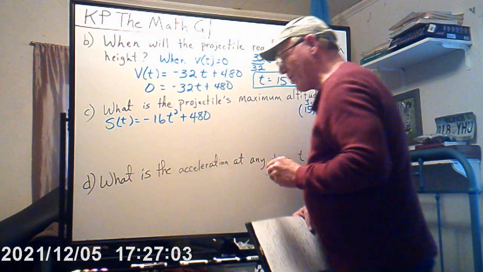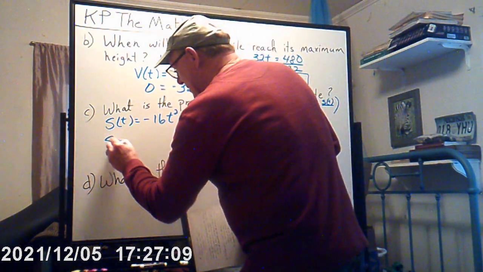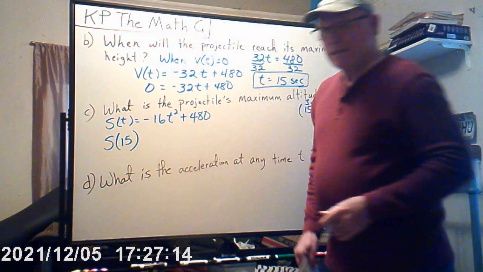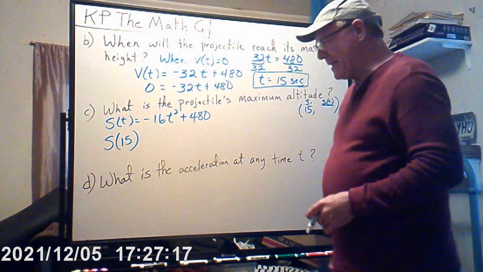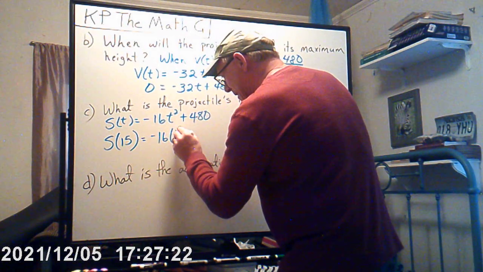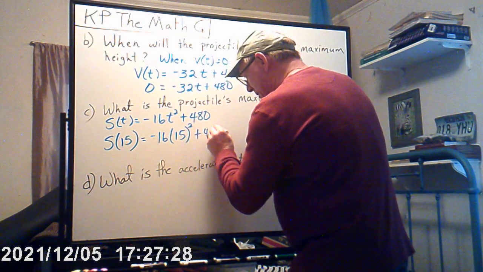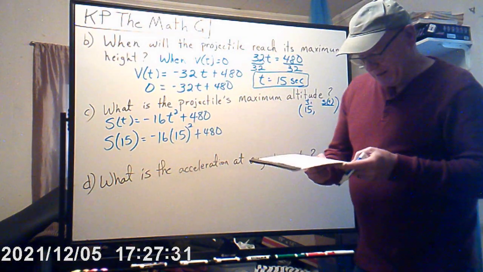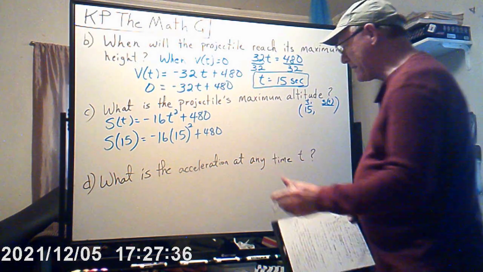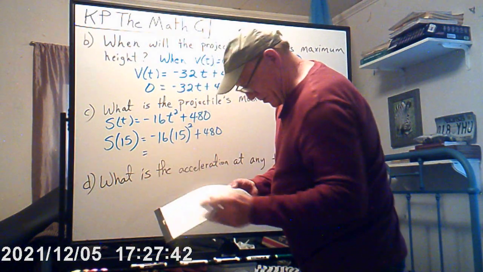After 15 seconds, it's going to reach its maximum height at t equals 15. So it makes sense that we plug in 15 in place of t. We're going to square that. And I take it that if I did everything correctly, this is going to be equal to 36.